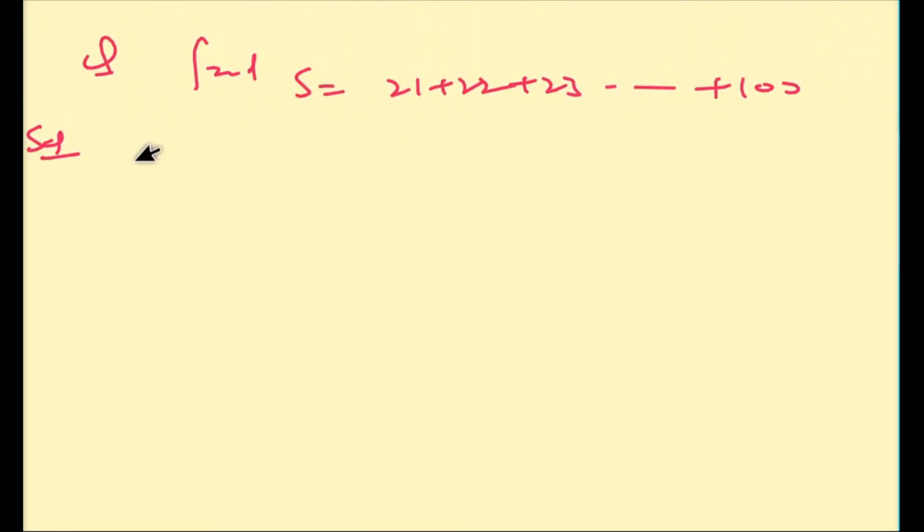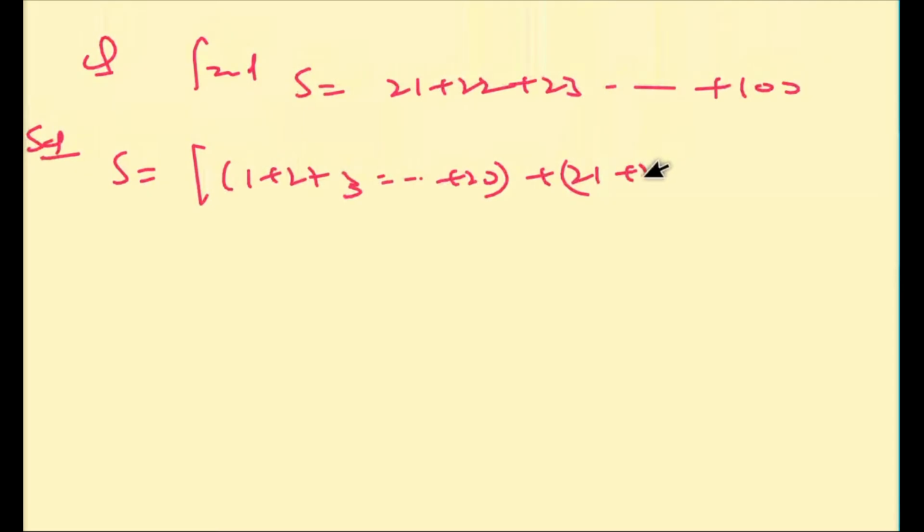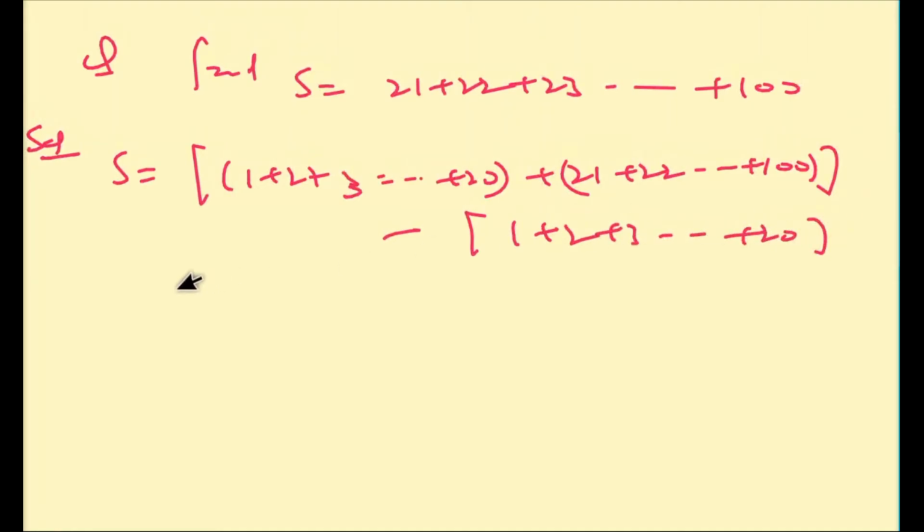So we can write it this way: adding 1 plus 2 plus 3 up to 20 in this series and subtracting again 1 plus 2 plus 3 up to 20, then there is no problem. So we can use here sigma n for 100 minus sigma n for 20.